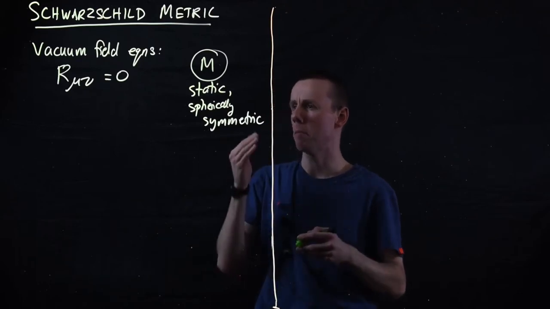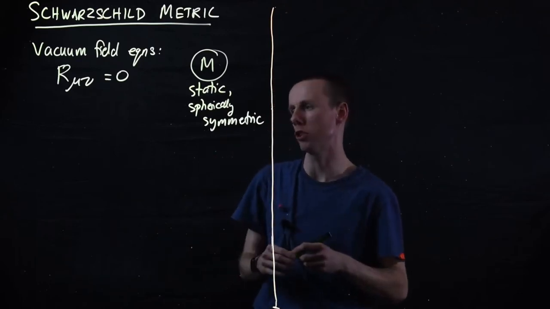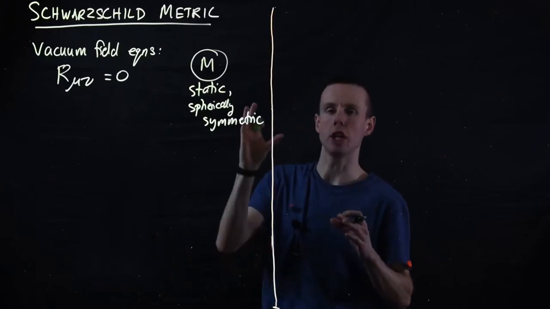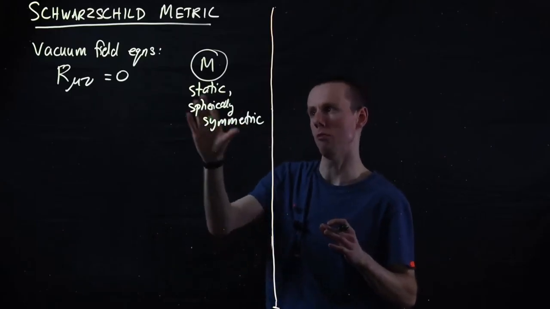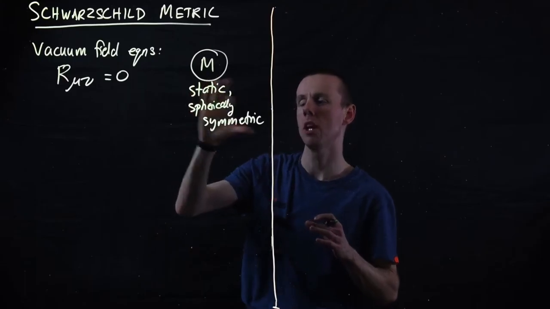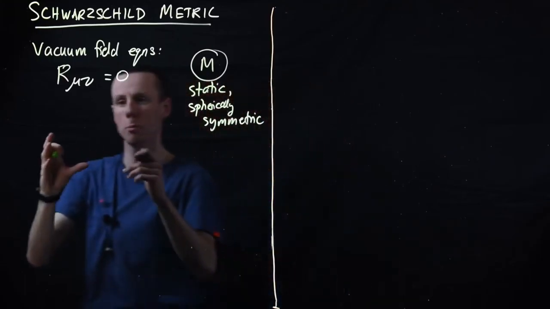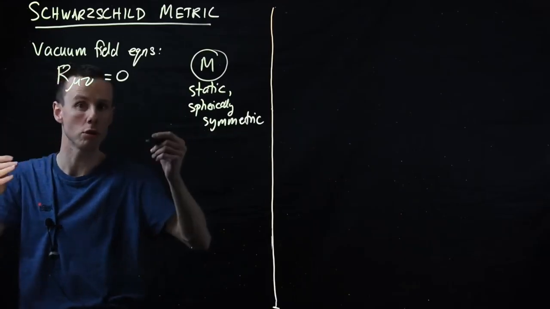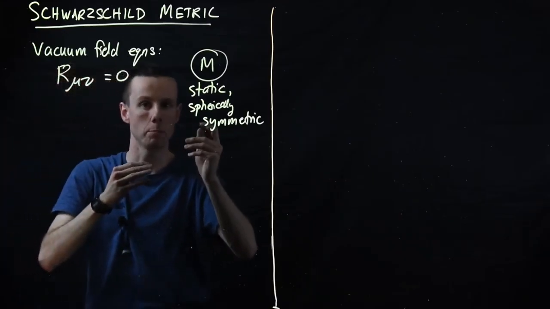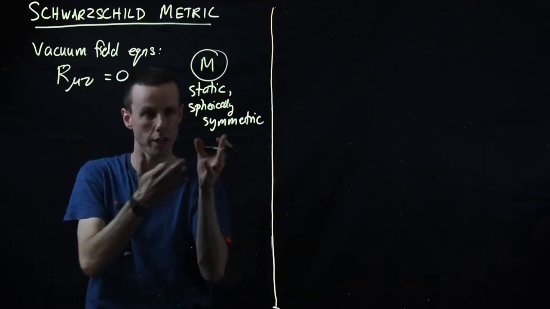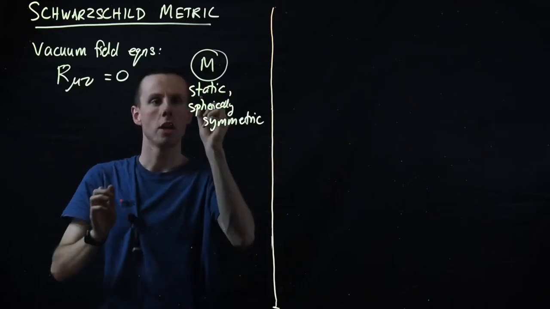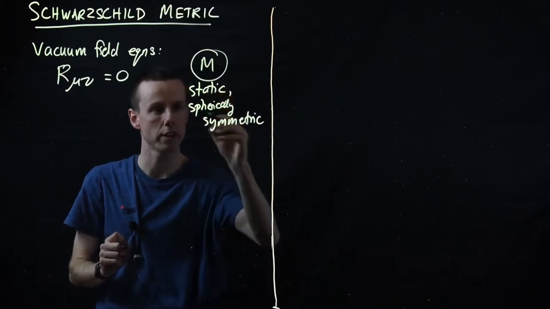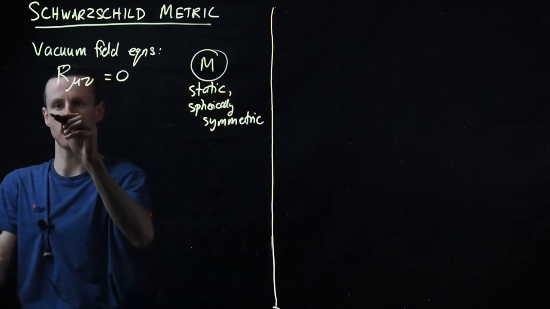And there are some arguments required, but it turns out that the most general form of metric that is compatible with the spherical symmetry of the problem is as follows. So remember, you're looking for g_μν, where μ and ν can be 0, 1, 2, and 3. Okay, 4-dimensional space-time. But the most general metric that's compatible with the spherical symmetry of the problem is as follows.